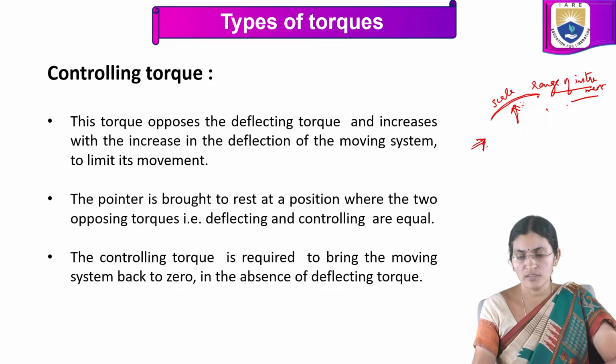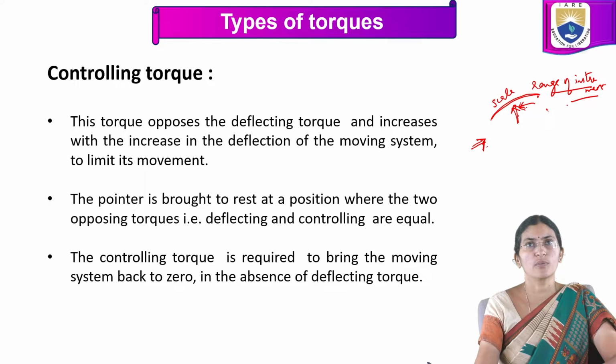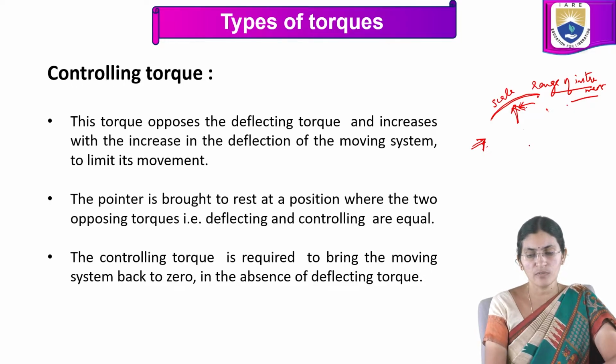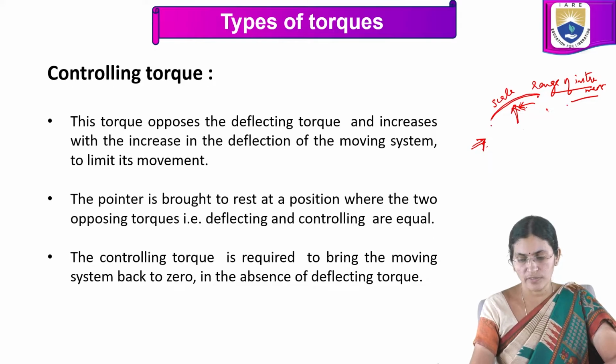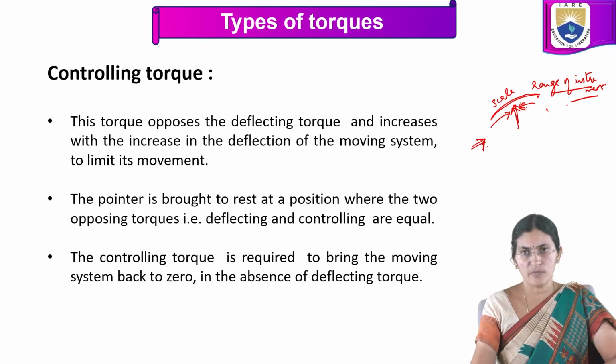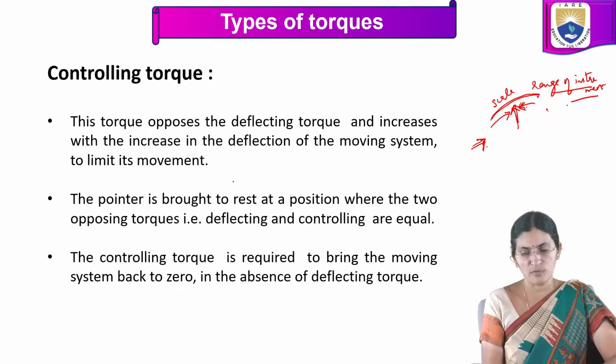The torque which opposes the motion of the pointer is called controlling torque. This torque opposes the deflecting torque. If deflecting torque moves the pointer in one direction, the controlling torque will act in the opposite direction with the same magnitude. It will increase with the increase in deflection of the moving system to limit its movement.